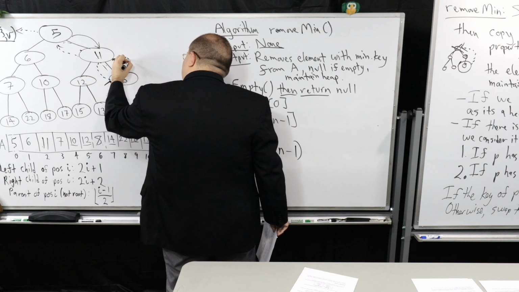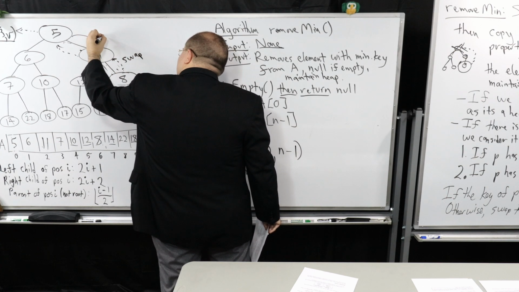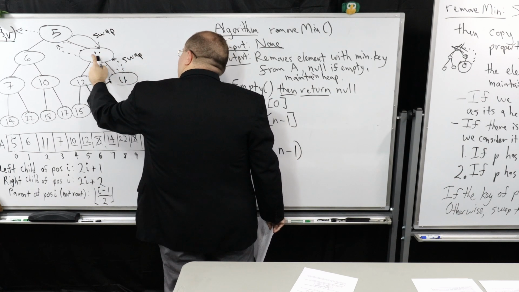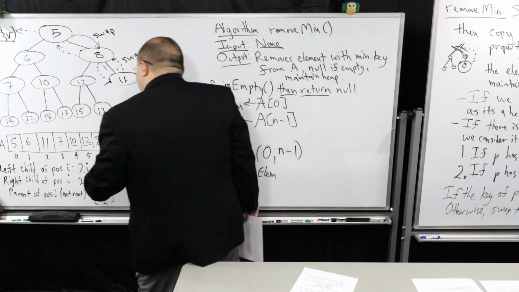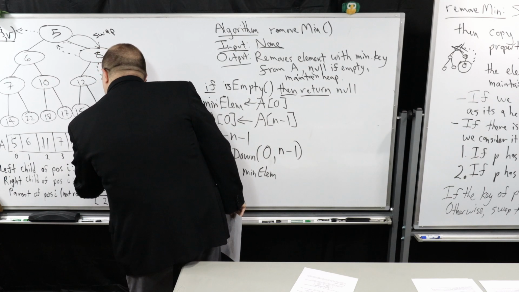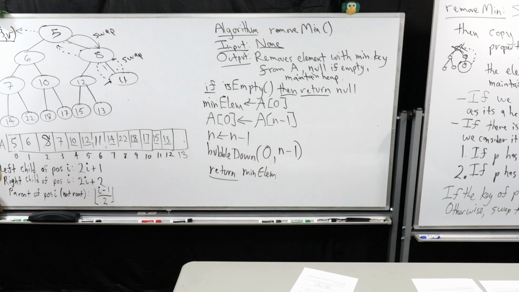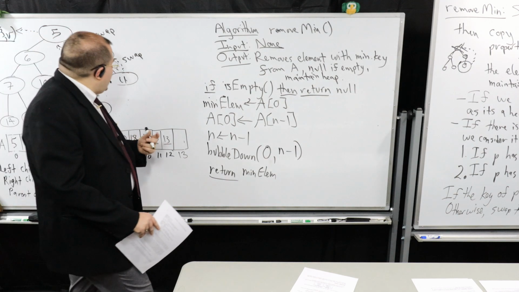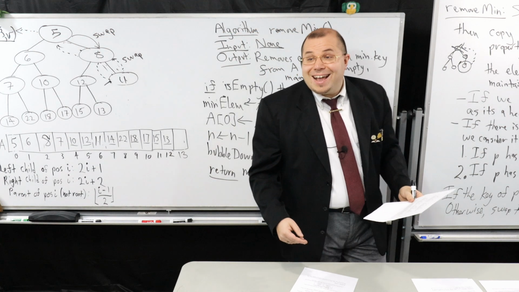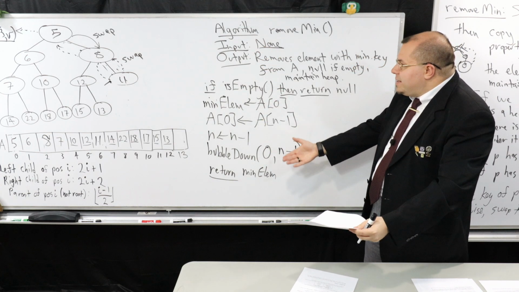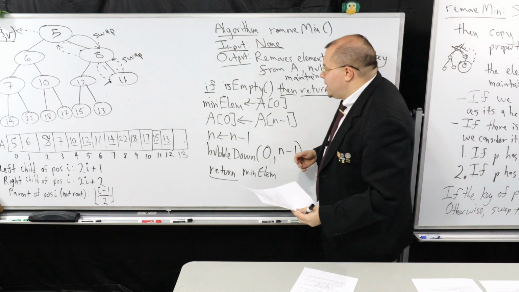Now I have 11 here, and 8 goes over there. And now, am I done? Yes, I'm all done. Look at that. Now I have maintained the heap, and we're all good.